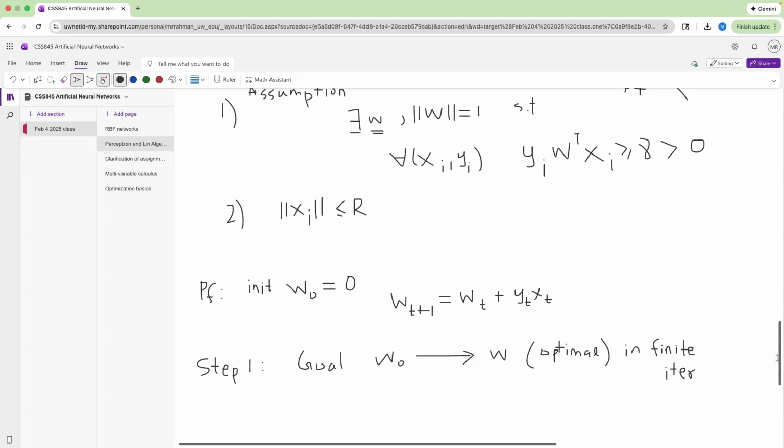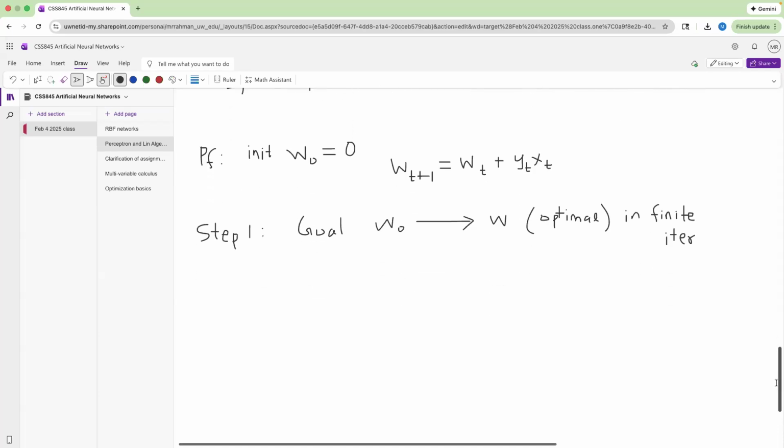Okay. So if you recall the perceptron algorithm, in every iteration t, we find such a point. And if we cannot find any such point, that means we converge. So what we need to prove is that for this algorithm to be correct, we need to reach this W, which is the optimal separator, in finite iterations.